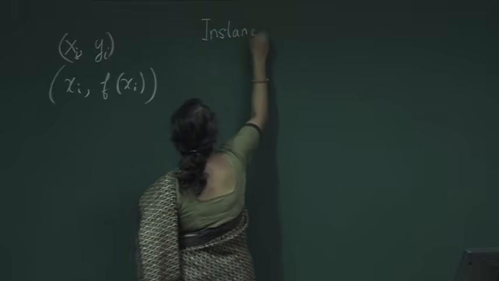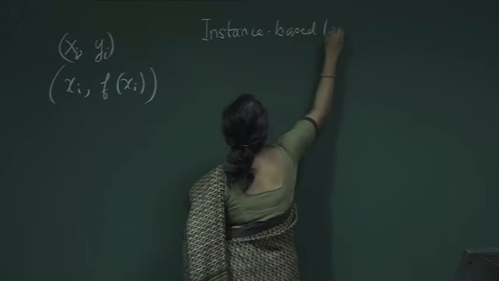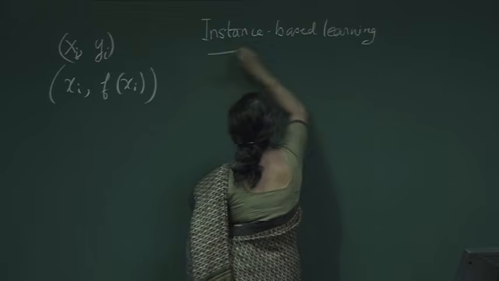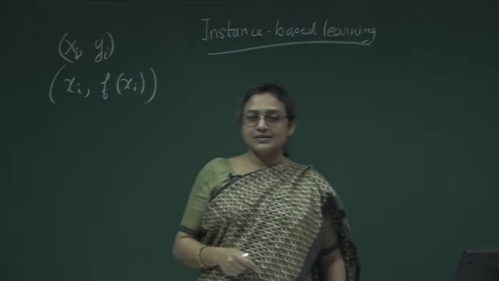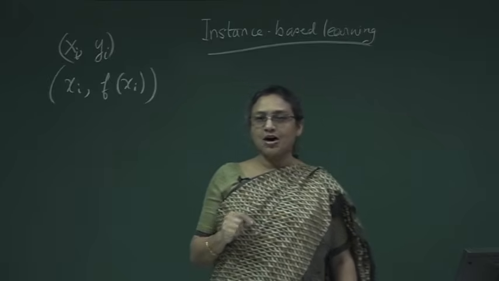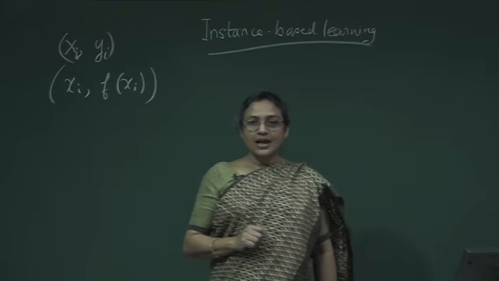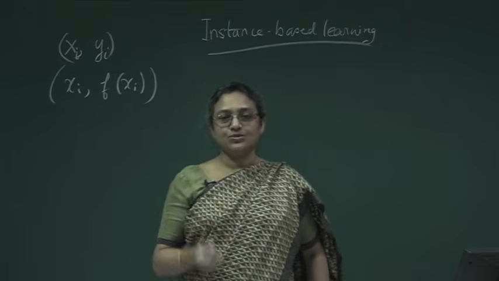The algorithm that we will discuss is a lazy algorithm. We will tell what it means. In instance based learning, when we get the training examples, we do not process them and learn a model. Instead, we just store the examples. When we need to classify an instance, that time we do something.